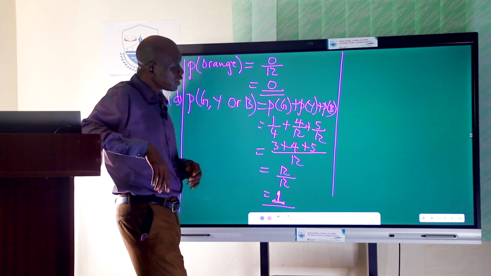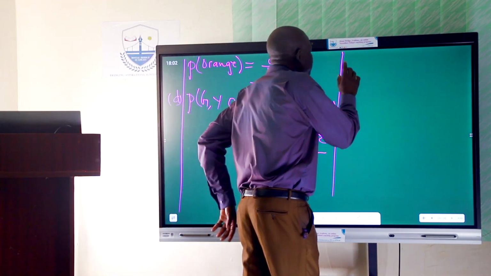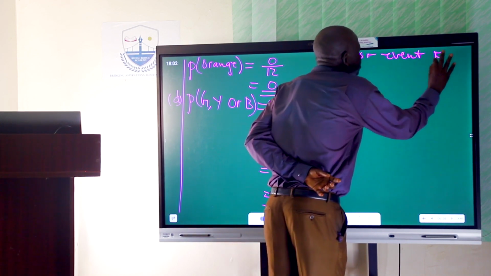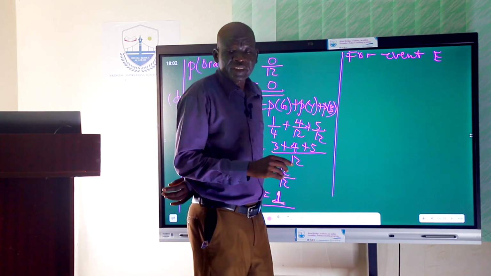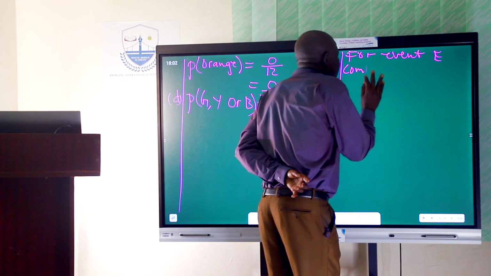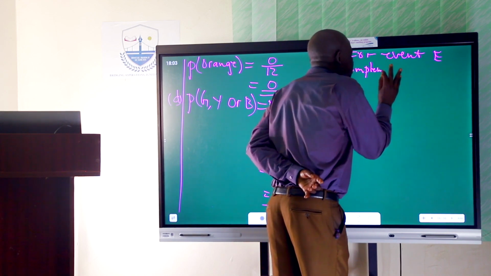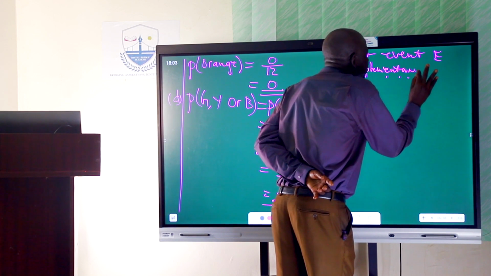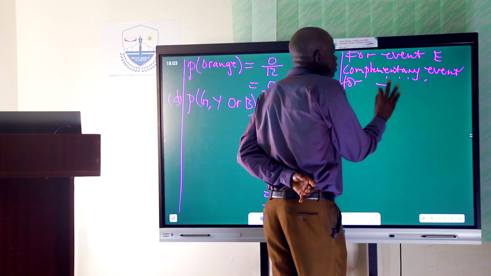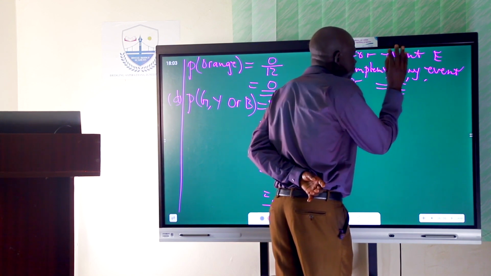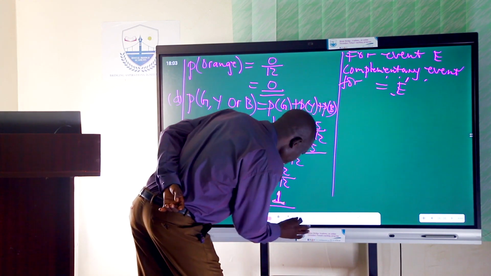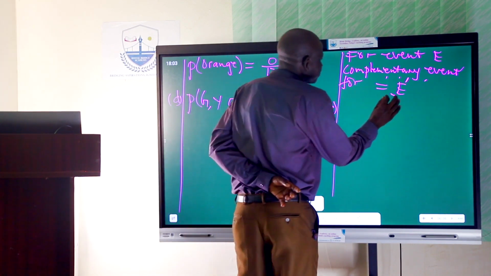So for event E, the complementary event, or the complement of event E, will be E prime. We use that to name the complementary event.